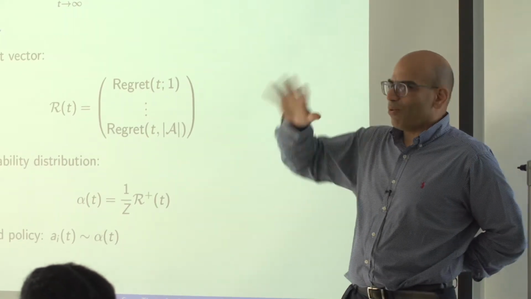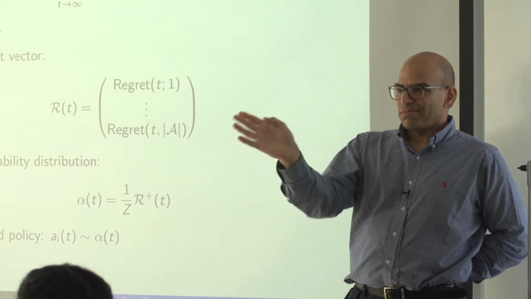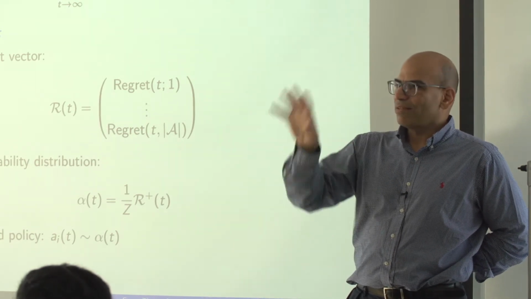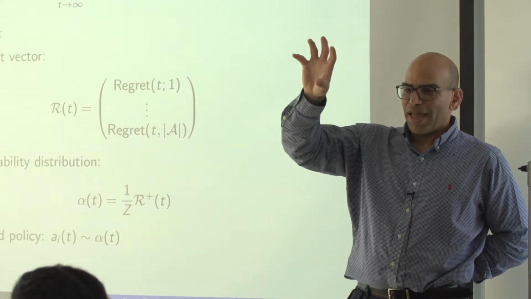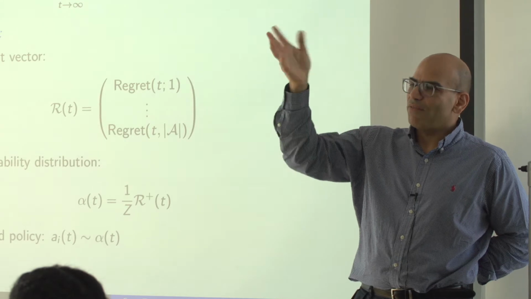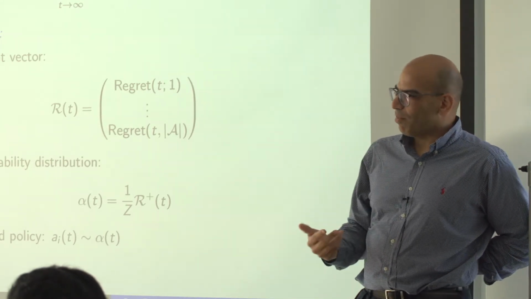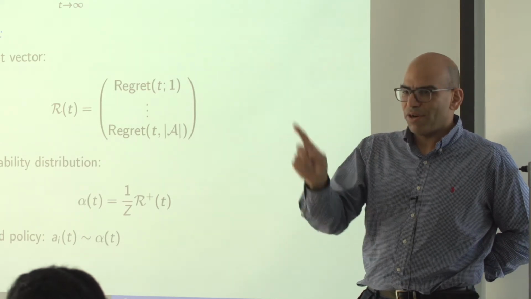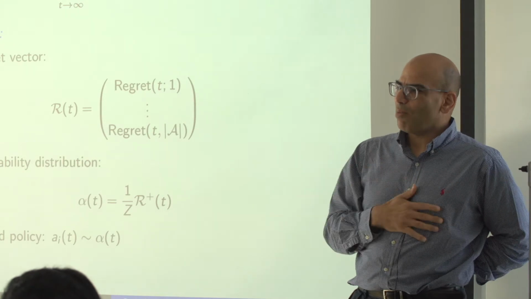So if my regret was 10, -3, 4, get rid of -3 because I don't have regret. 10, 0, 4. Then I'm going to play the first action with probability 10 divided by 14, the last action with probability 4 divided by 14. You take your regret vector, get rid of the negative elements, and normalize it so that it's a probability vector.